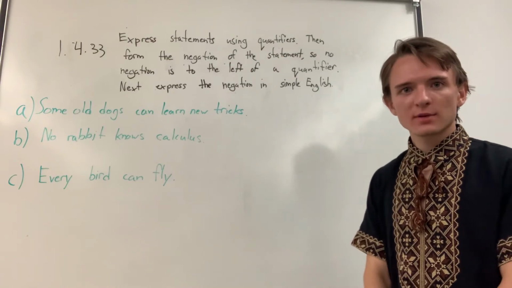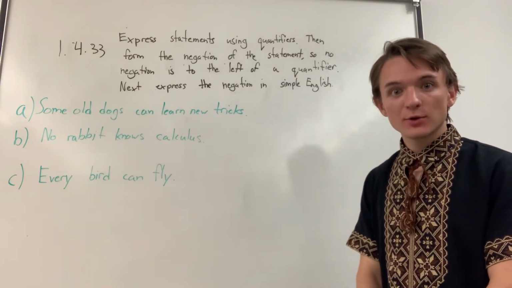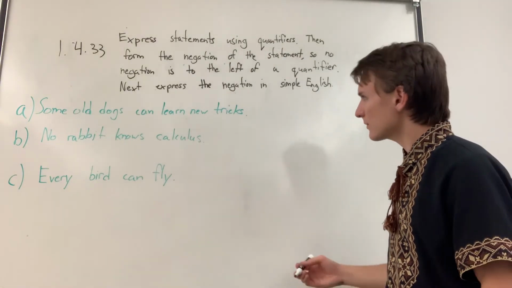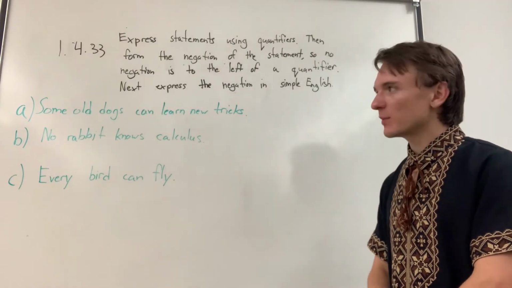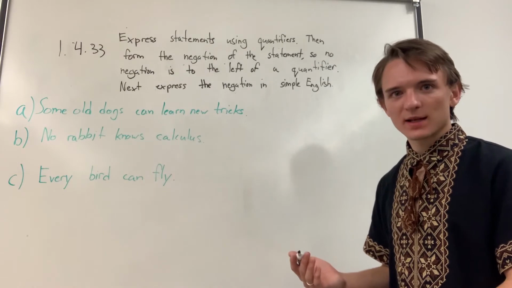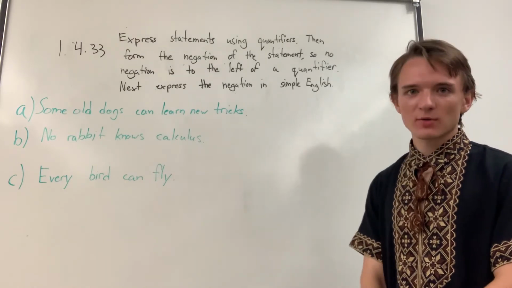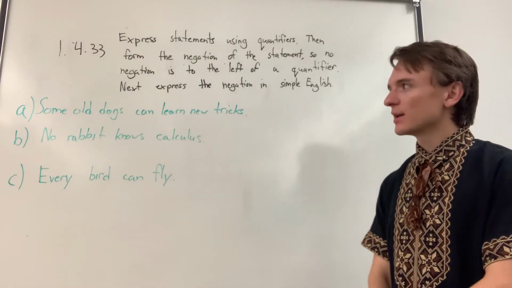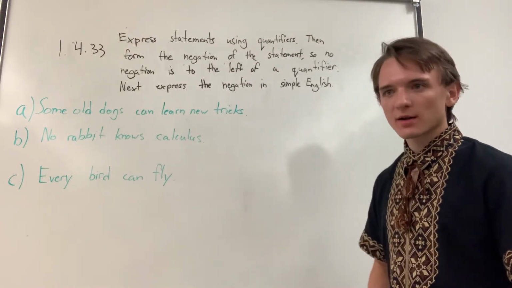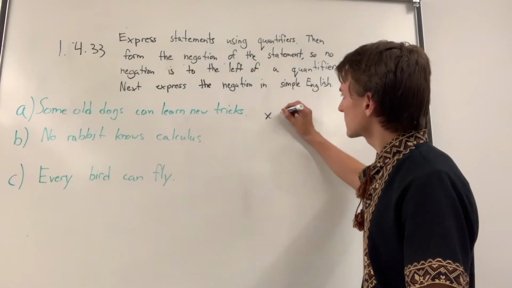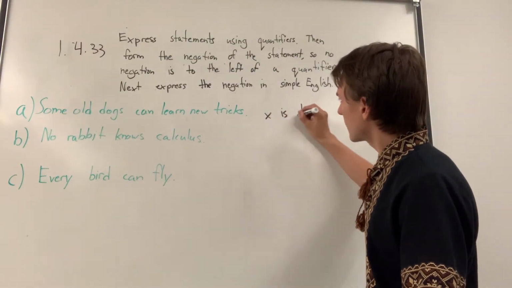Remember, the first thing we always have to think about is what is our domain? Well, it wouldn't be creatures because then we would have to describe that creature as a dog. So instead, I would say dogs is our domain. We're describing dogs here. X is dogs.